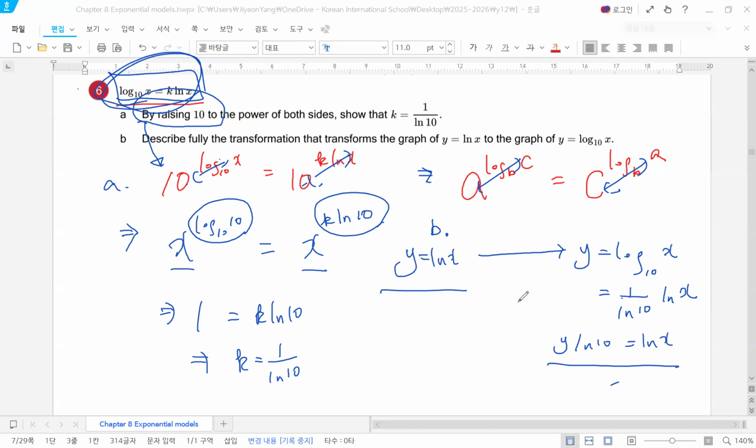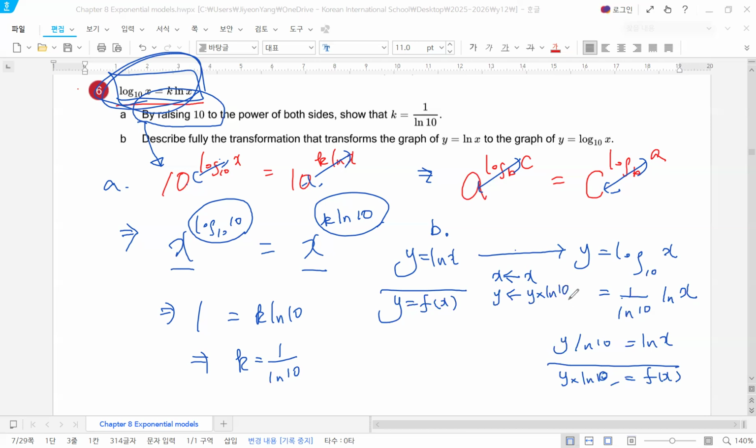Let's figure out what transformation it is. If we define it as y equals f(x), we can write it as y times ln 10 equals f(x). Okay? So you can substitute x just as it is, but y times ln 10.